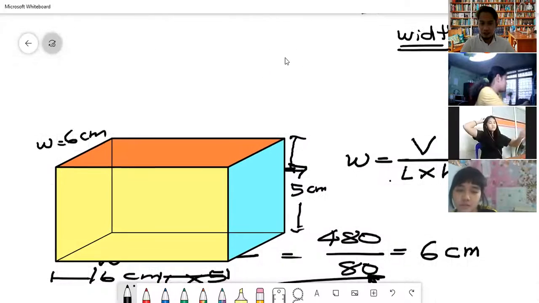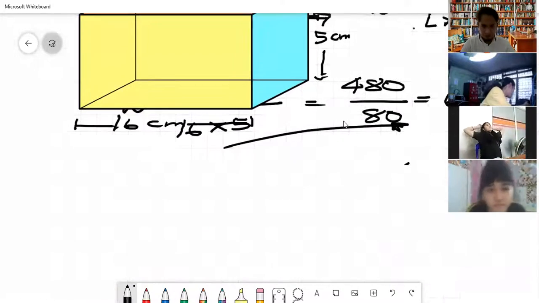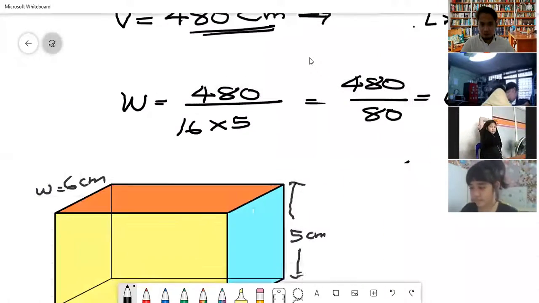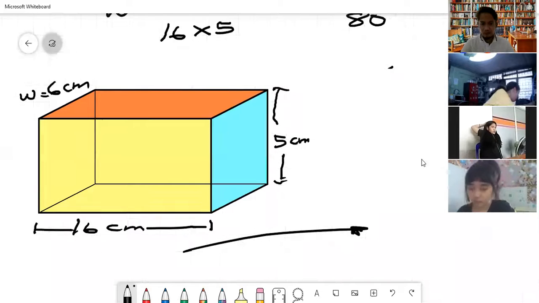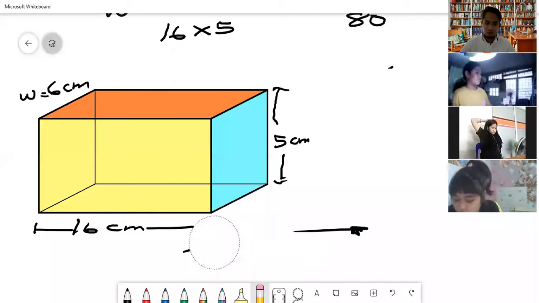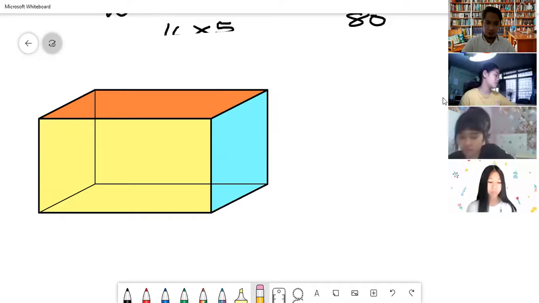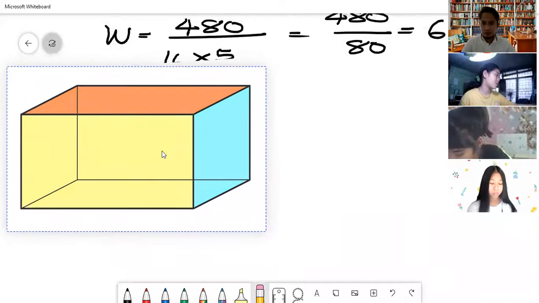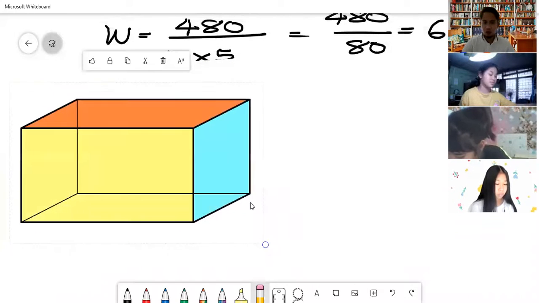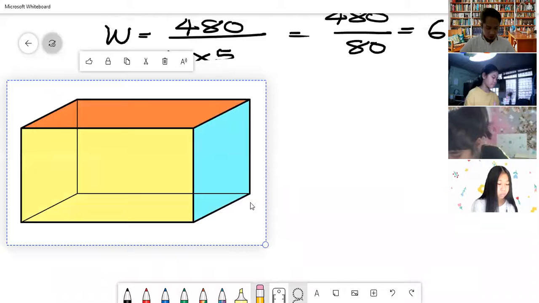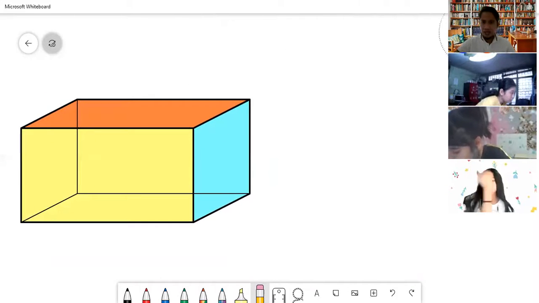Okay, so let's go to example number 3. I want Quezon to read example number 3 with the accent.